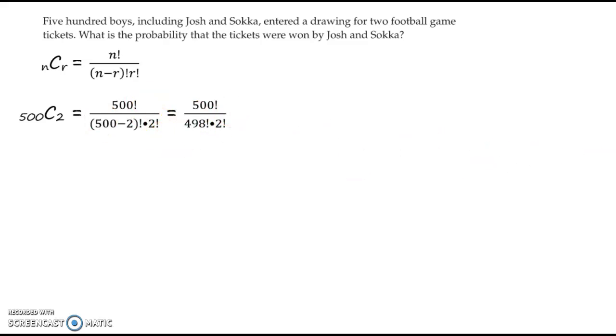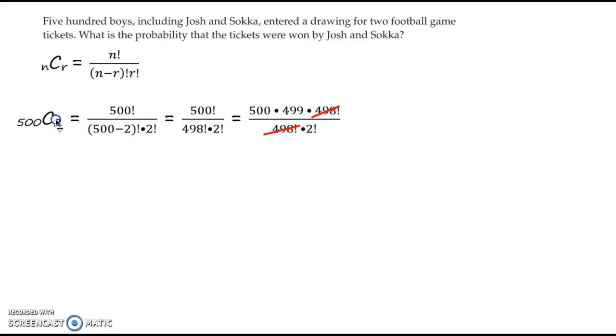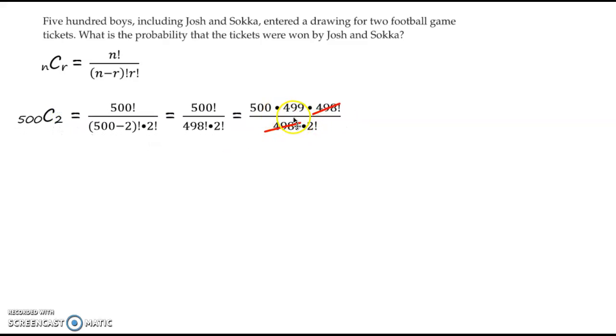Well, I want to cancel as much as I can, so I'm going to decompose this 500 factorial, factor it out, I guess you could say, to 498 factorial. So I say 500 times 499 times 498 factorial. Leave the factorial, that way these 2 will cancel.